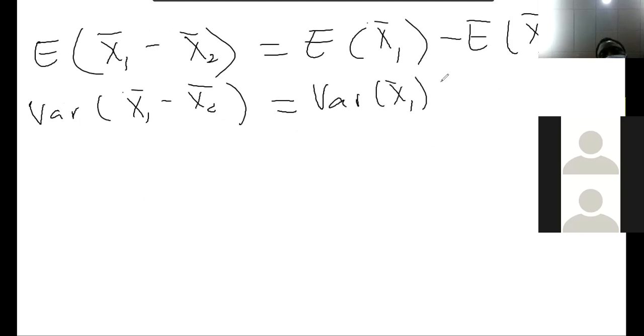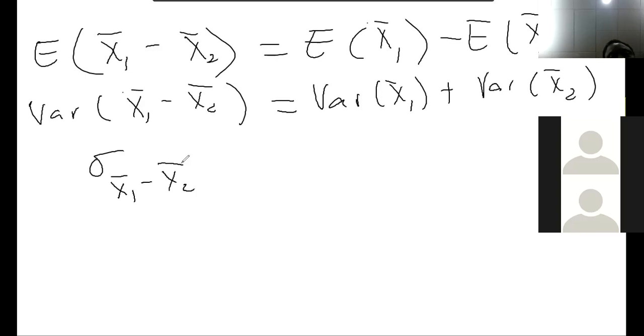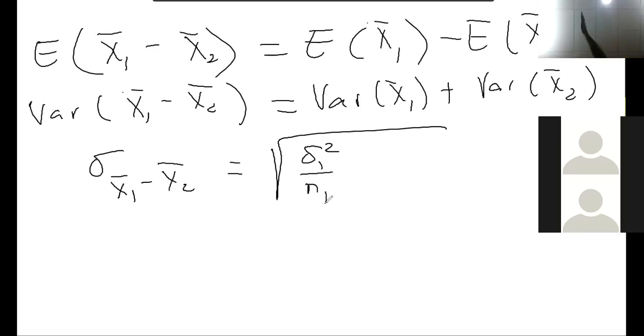Variance of x1 bar plus variance of x2 bar if the samples are independent. So the standard deviation of the difference is the square root of sigma 1 squared over n1, because the standard deviation of x1 bar is sigma 1 over root n1, plus sigma 2 squared over n2.